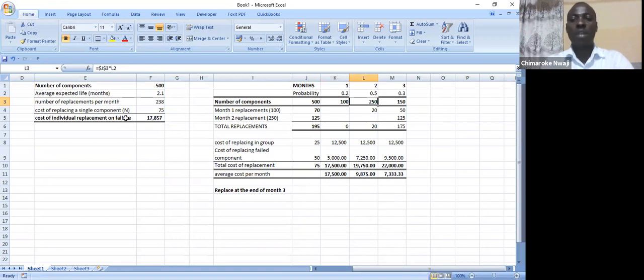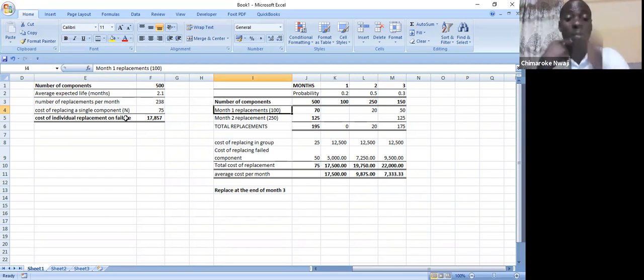Now, if in month 2, 50% of it fails, 50% of 500 is 250. And in month 3, if 30% fails, 30% of 500 is 150. So if you add everything together, it gives you 500.